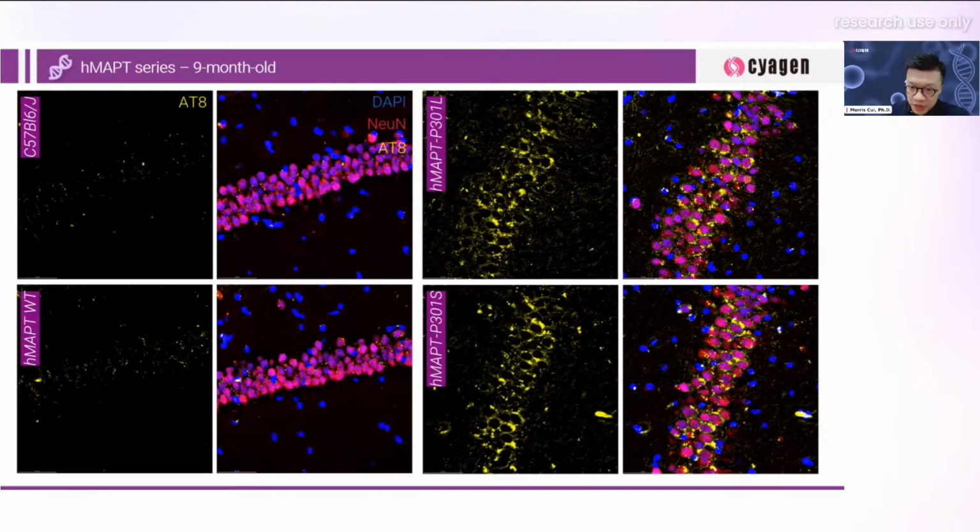But roughly speaking, the memory and learning deficit starts from somewhere around 6 to 7 months, approximate to our observation in our P301S HUGO strain.